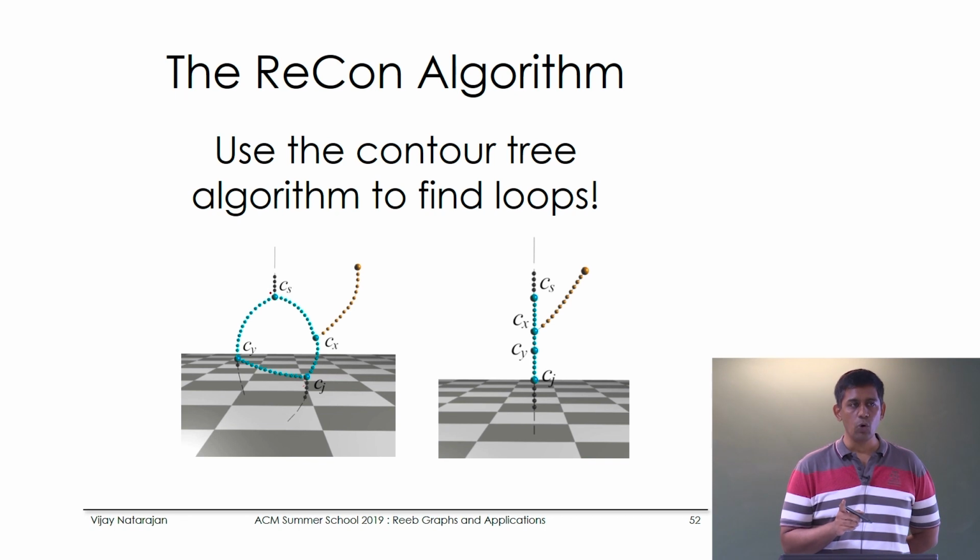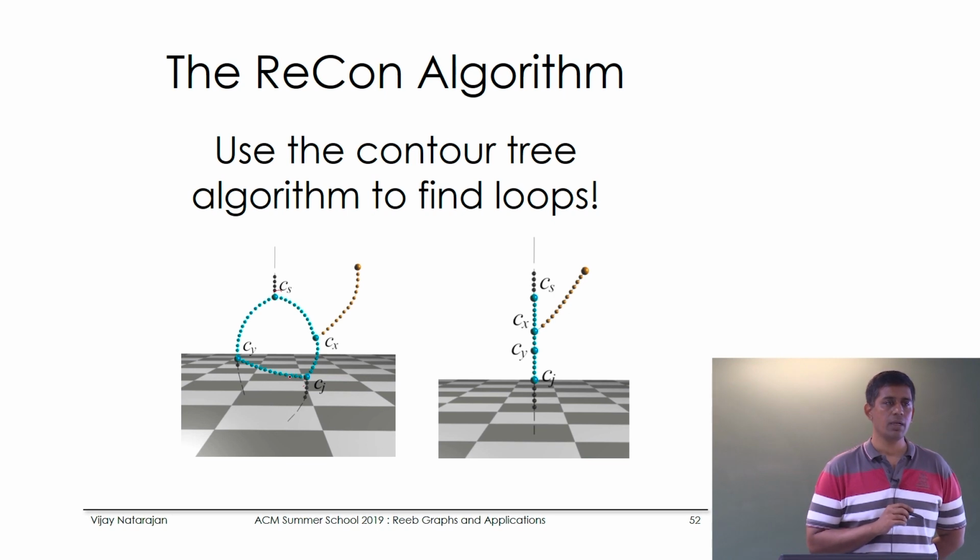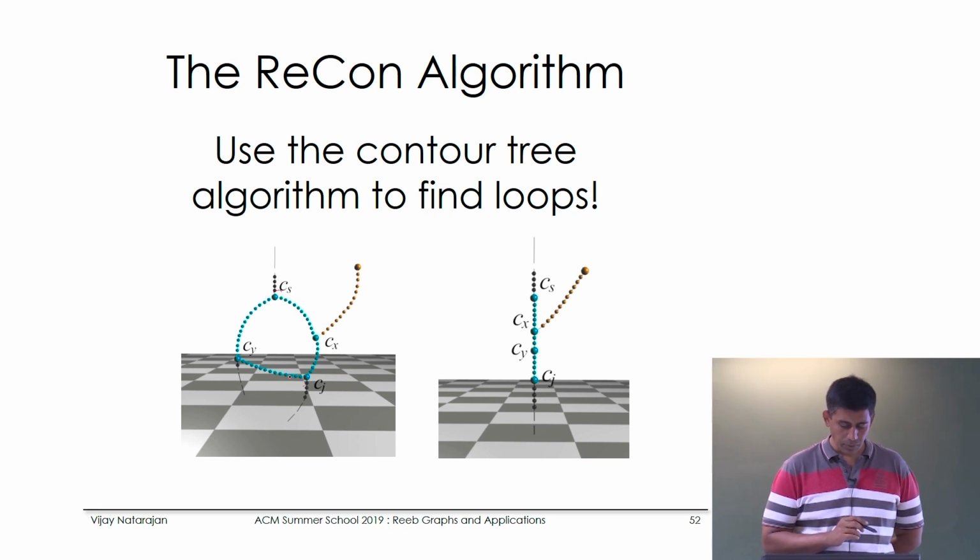Each loop within the Reeb graph will have these guys C sub s and C sub j, and both have to be saddles. They cannot be minimum or maximum. They have to be saddles, so degree 3, right? Fine.